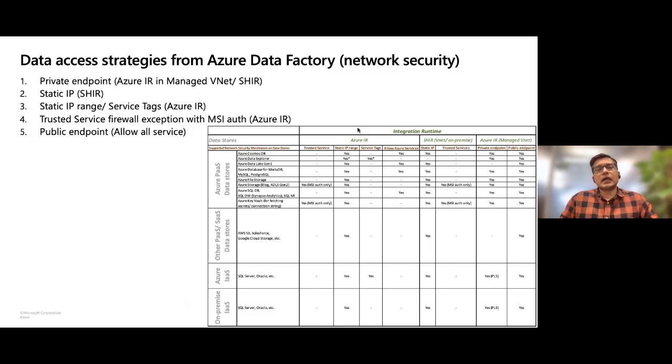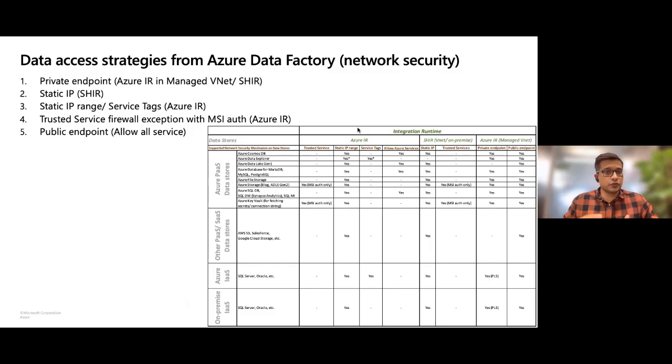If you're using self-hosted IR, and if you want to connect to, let's say, Amazon S3 or a PaaS database which is outside of Azure, SHIR can help. It can get you a static IP, which can be used to whitelist in the firewalls of the corresponding data stores, and through which you can access that. So it still is a one-to-one whitelisting that you're doing.